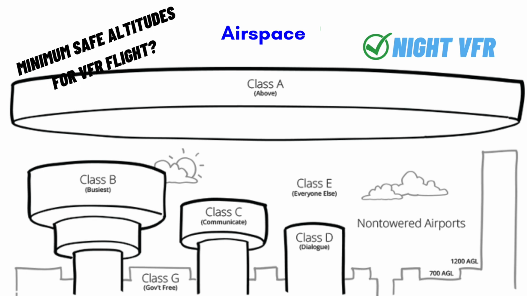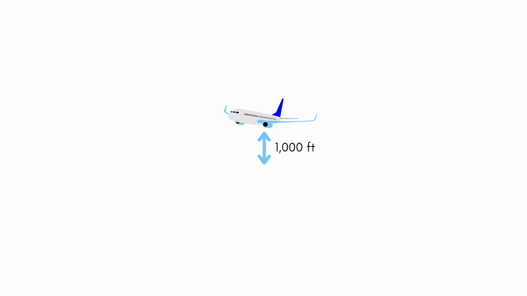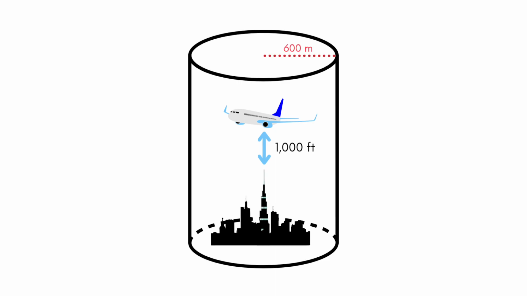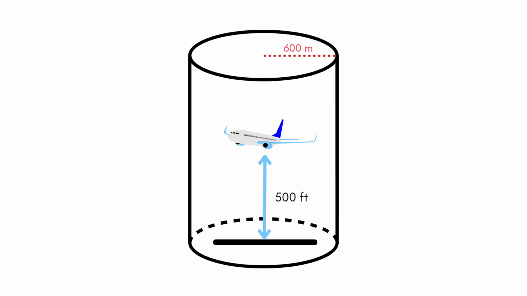So the minimum safe altitudes that must be followed for VFR are as follows. An aircraft must maintain an altitude of 1000 feet or more from the highest obstacle within a 600 meter radius in a densely populated area. And in other areas, an aircraft must maintain an altitude of 500 feet or more from the surface within the radius of 600 meters.